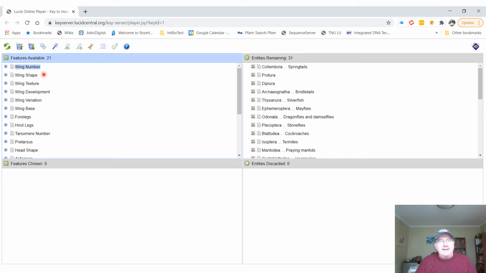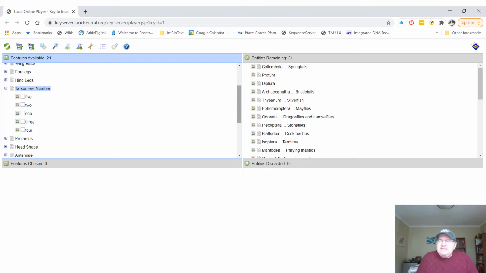At the very beginning of the key, I was surprised at this, if you click on that, it suggests that the tarsomere number is the best character to get you to your identification most quickly. Would not have guessed that. I would have thought it'd be something maybe on mouthparts. But it's suggesting the number of tarsal segments for you to pick to get to the next available answer.